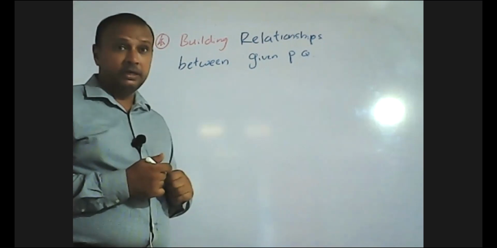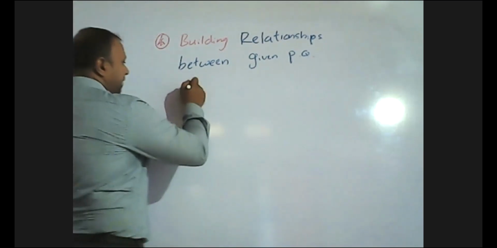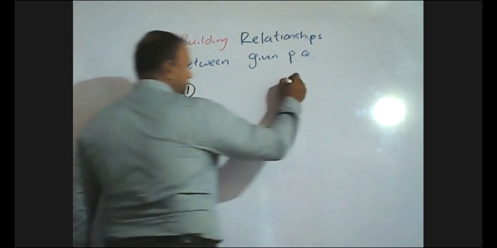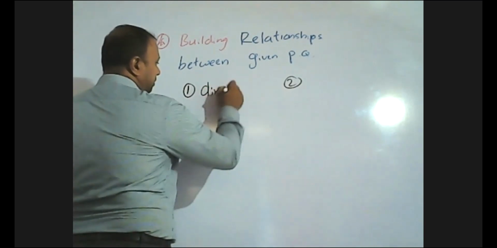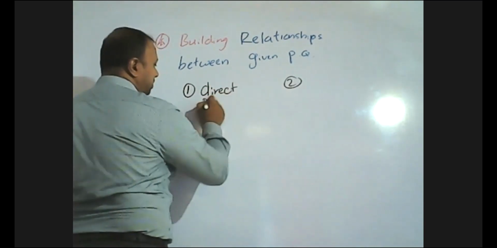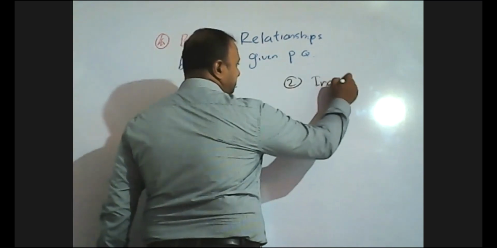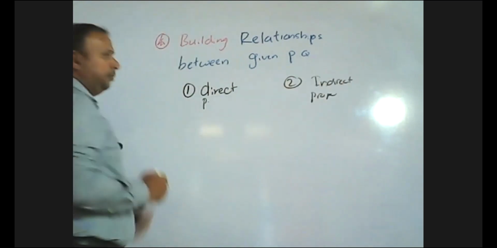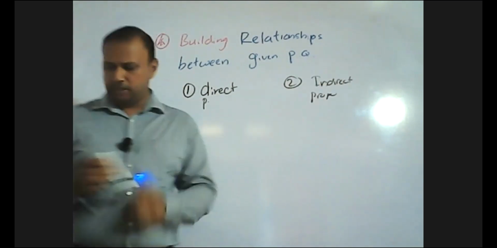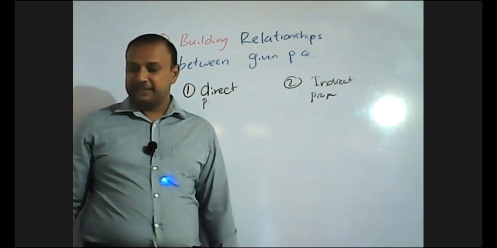First is direct proportionality. The second is indirect proportionality. I think I discussed this in our first class.